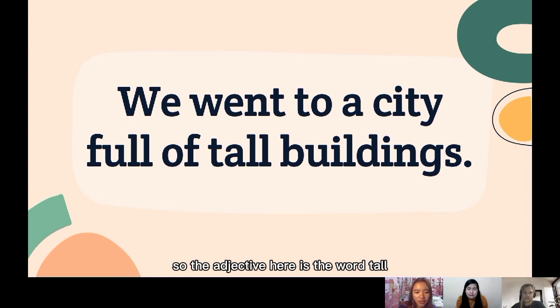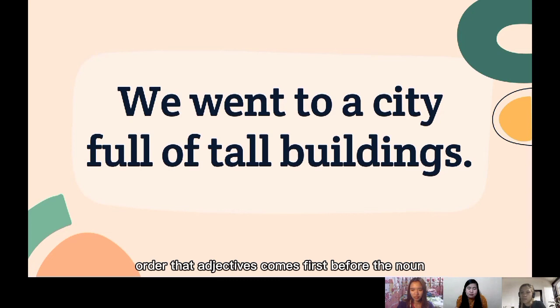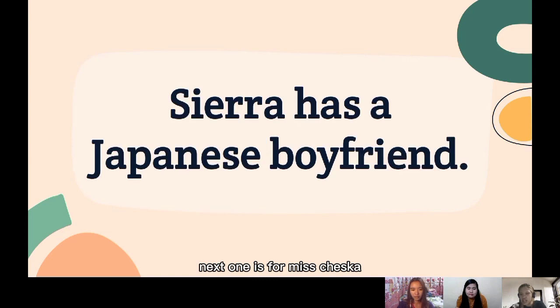So the adjective here is the word tall, and then the one being described is buildings. Okay, thank you so much. Now for this sentence it's the usual form of a sentence, which follows the order that adjectives come first before the noun.